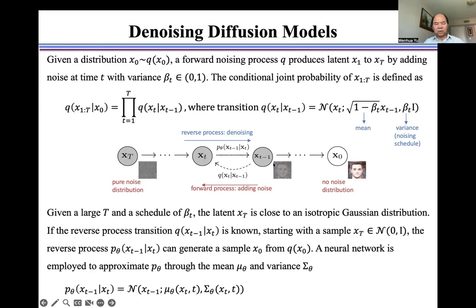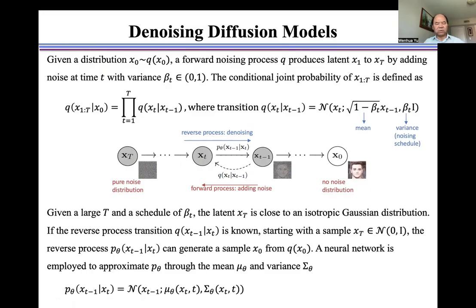The noising and denoising processes are explained here. Given a large T and a schedule of beta t, the latent Xt is close to an isotropic Gaussian distribution.